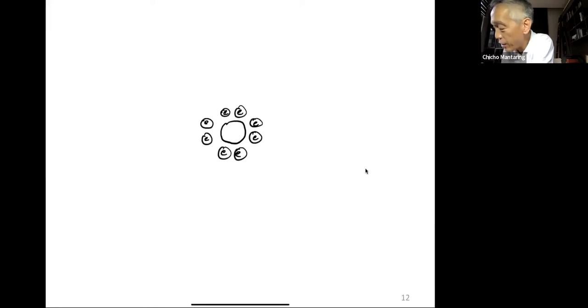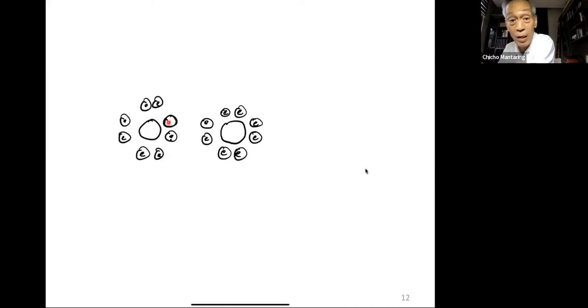And then here you have another silicon, and let's say you have a hole here. Then here you have electrons. So this one is a hole. So what will happen if you have an electric field this way?